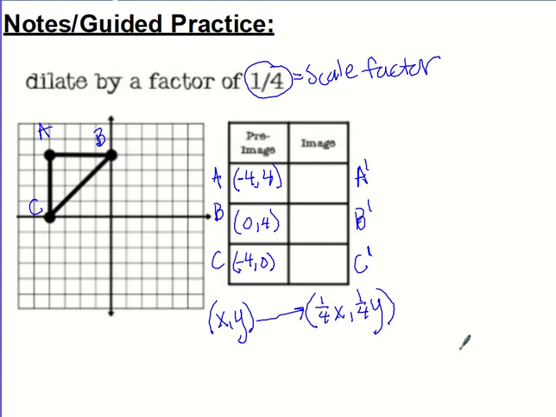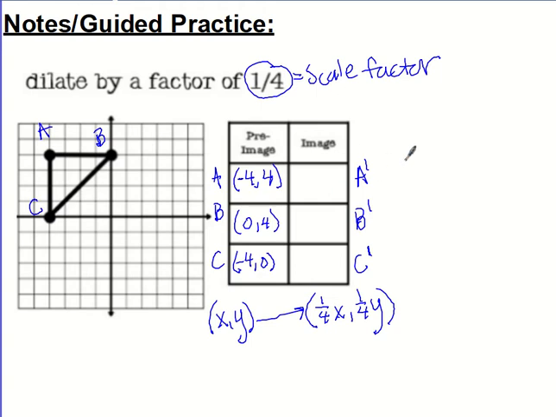So the scale factor has to go to both x and y for it to be a true dilation. If I dilate just x, it's not going to be the same shape. If we remember from our definition, it's a different size, but the exact same shape. If I don't dilate both, it'll become a different shape, and we don't want that. So we're going to do both.